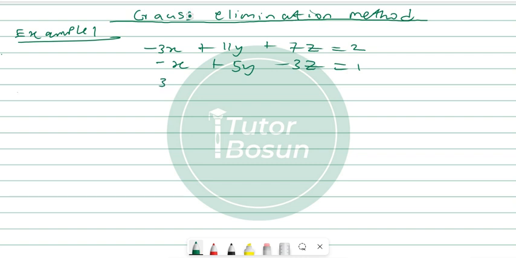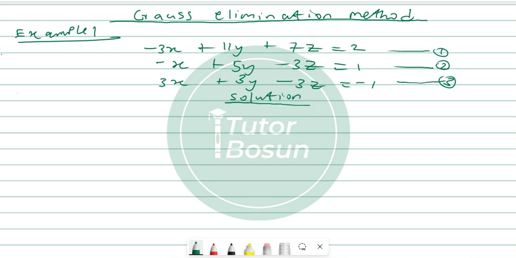And the third equation says 3x plus 3y minus 3z equals minus 1. Let's number these equation 1, equation 2, and equation 3. We are numbering them to make our work easier. You can see this particular system of equations consists of 3 linear equations. So without wasting much of our time, let's move into the solution.